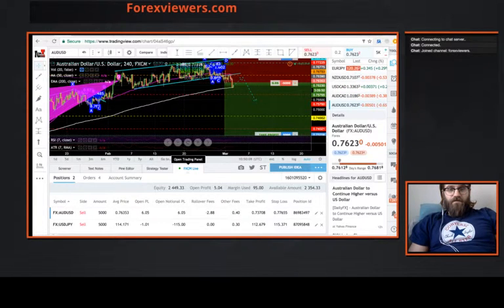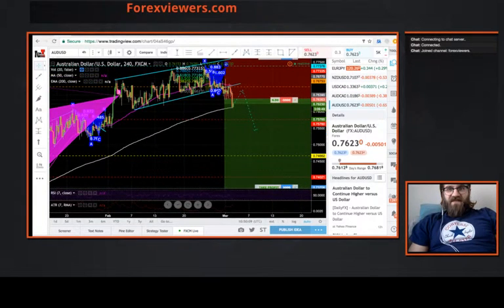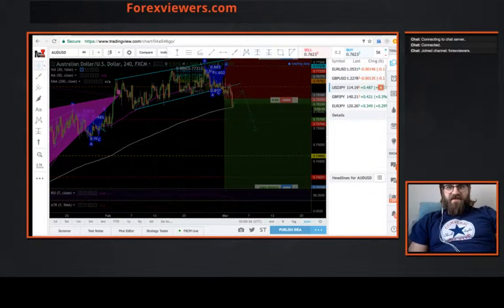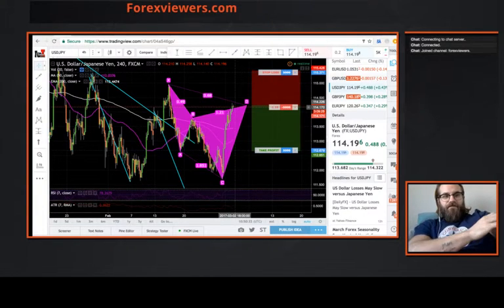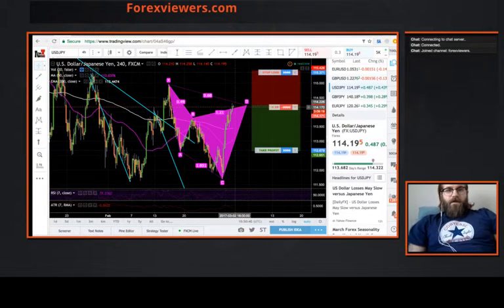So let's check out the dollar yen here. Where's the dollar yen? Here we have the dollar yen. We're getting a small push to the upside, which means that we should be pushing downwards on the Aussie dollar. We got filled here on the dollar yen a few hours ago, at the completion of this candle this morning.